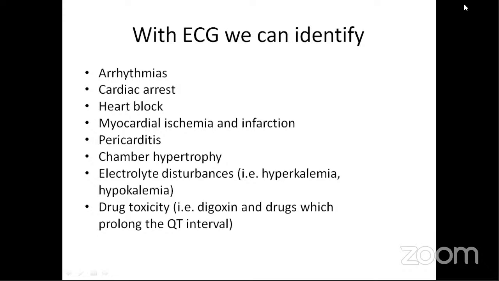These are all the abnormalities that can be identified with the help of the electrocardiogram signal. We'll see one by one these abnormalities: arrhythmias, cardiac arrest, and cardiac blocks, and their symptoms.